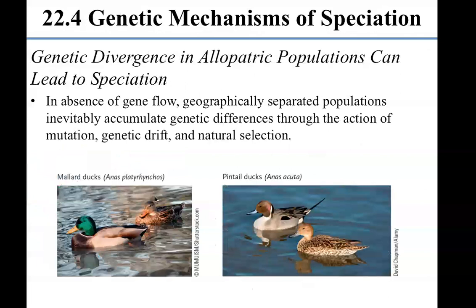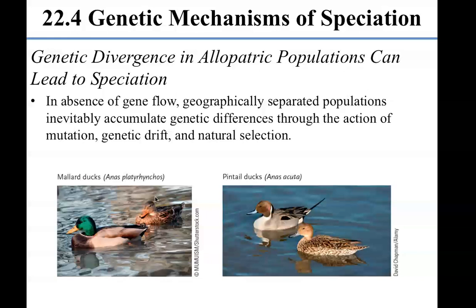So speciation can occur fairly quickly, right? Hopefully this paragraph makes sense. When two populations are separated geographically, those populations are going to accumulate genetic differences through the mechanisms of natural selection that we talked about in the last chapter.